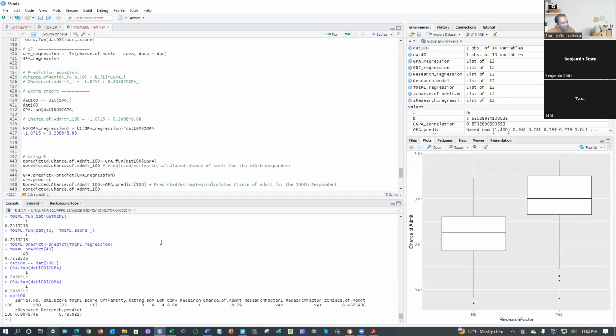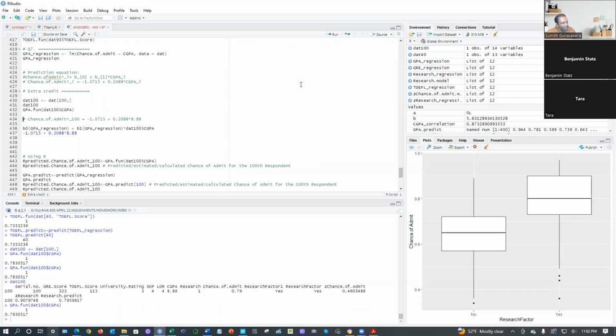Okay, this is a real value. 8.88. This is the value that you're going to plug in here. If you put that value to this GPA function, chance of admit is 0.78. That's what it says. And the chance of admit I'm going to calculate this way.